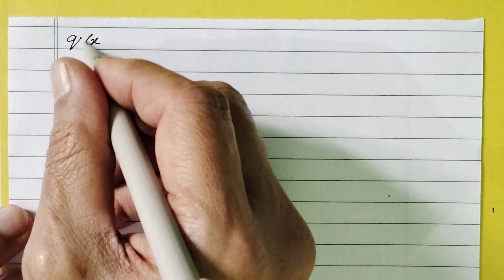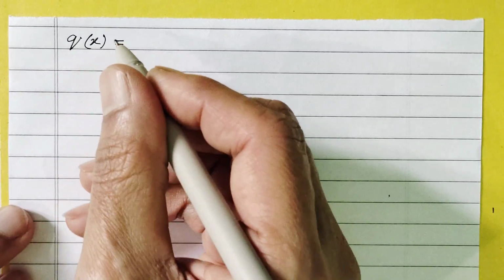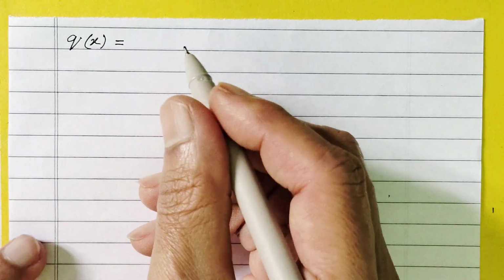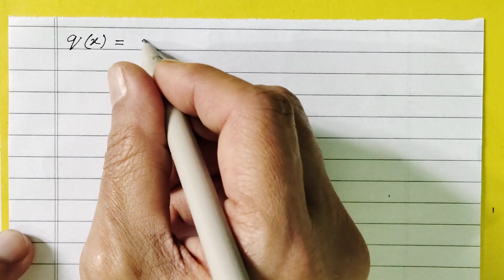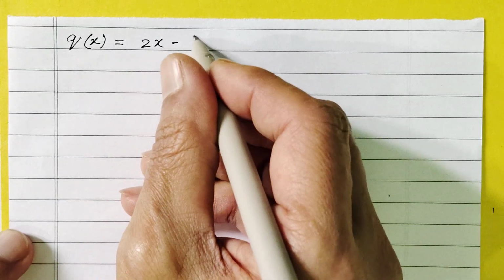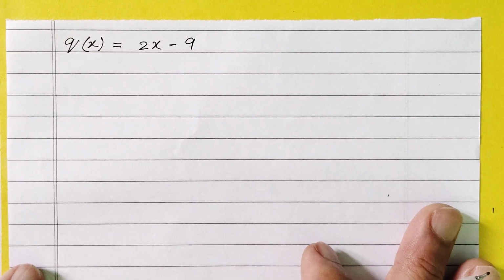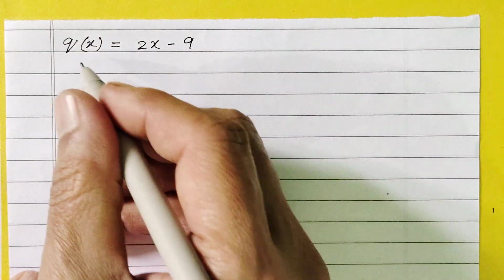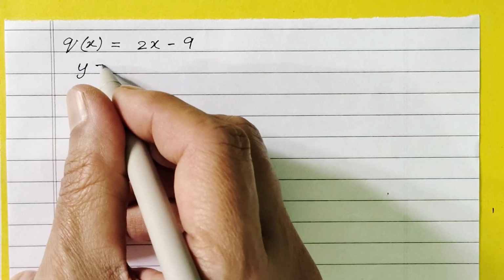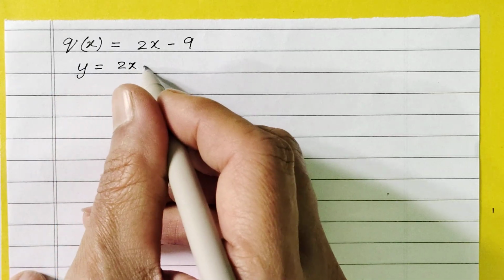Qx is equal to 2x minus 9. So now the equation of the graph of Qx will be y equal to 2x minus 9.